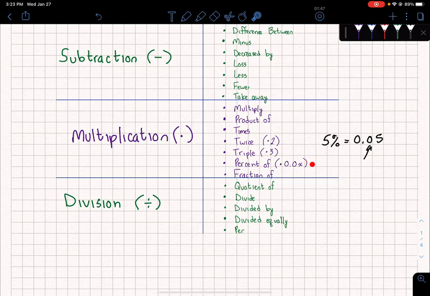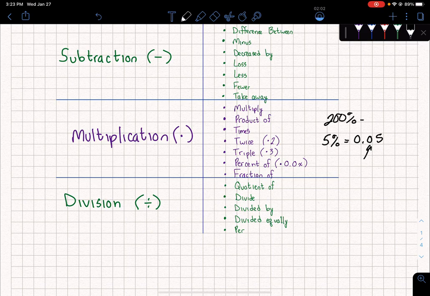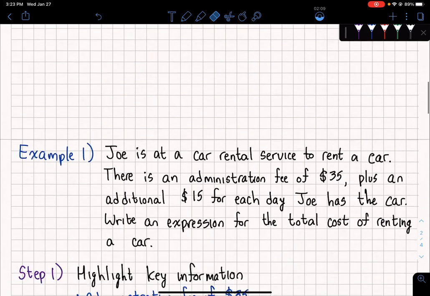If this confuses you, just ignore this. I was just trying to illustrate that with percent of, we go from a percentage number to a decimal. Likewise, if we see 200%, this would translate to simply 2.00 or 2. Okay, so let's take a look at our first problem below.